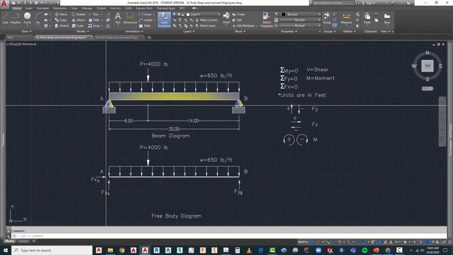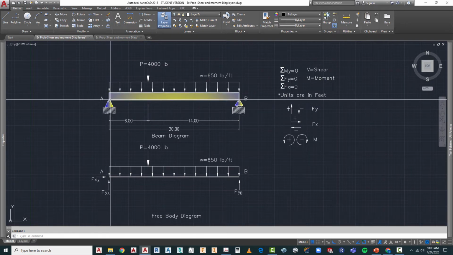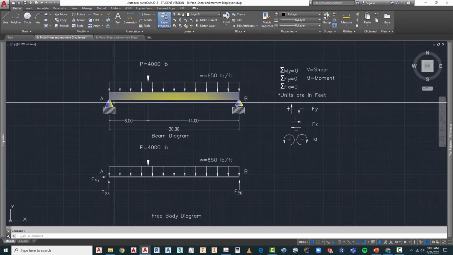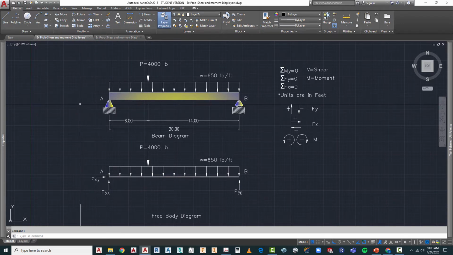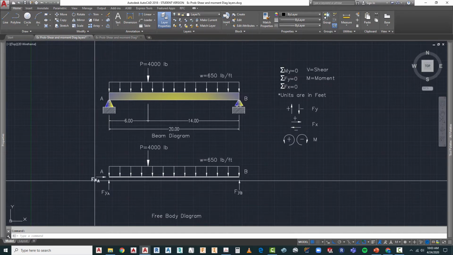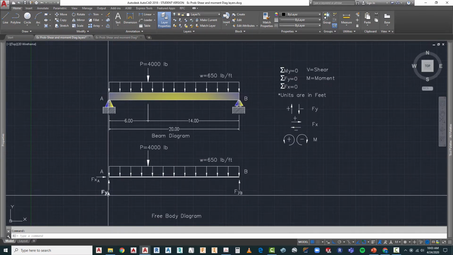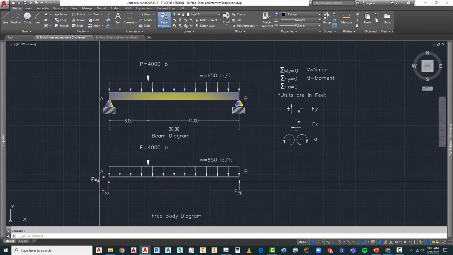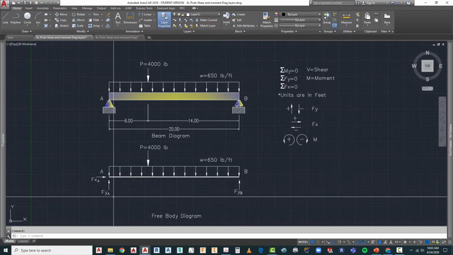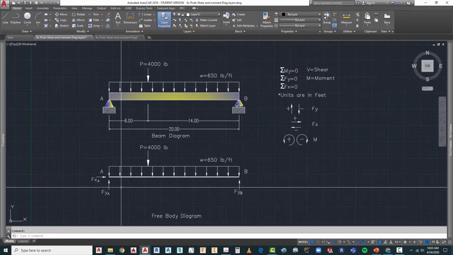Now, because this is a pin connection and it does not allow the beam to move left or right, the resisting forces or reaction forces are both in the horizontal and vertical direction. So we have Fxa at point A, and the vertical force is Fya at point A. X represents your X axis and Y is your vertical axis in the Cartesian coordinate system.